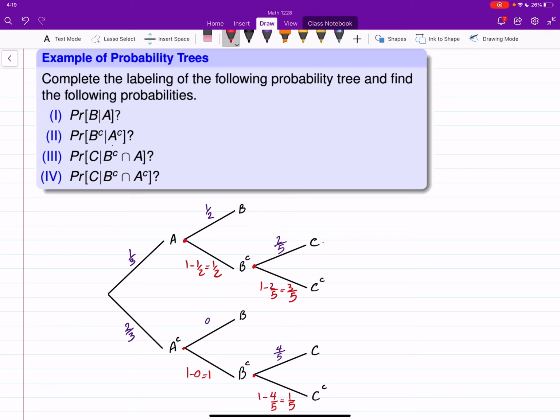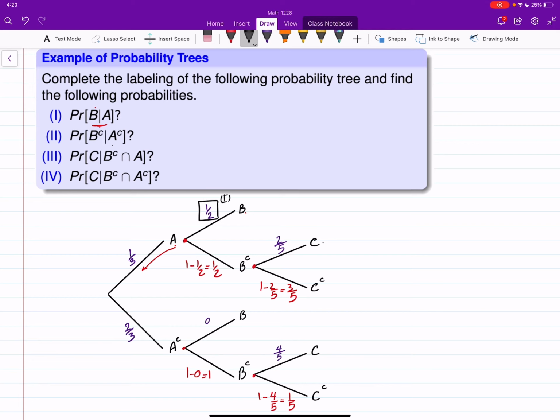Now we are looking for the probability of B knowing A. So what does that mean? It means that you find an edge whose end point is B, and the starting point is A, and then that would be the root. So here that is end point B, starting point A, and the path to the root has only one A. So that means that this edge is what we are looking for.